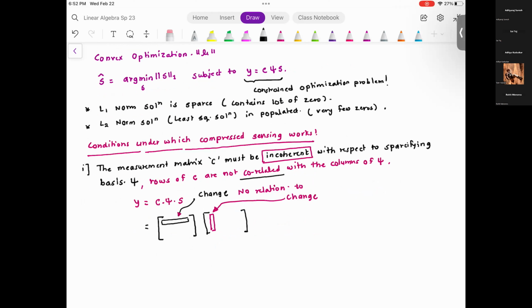And the second important condition is the number of measurements, I'm going to call them P, must be sufficiently large.